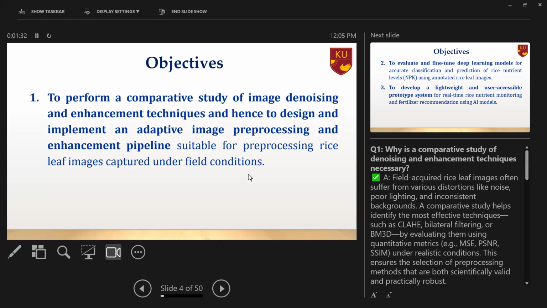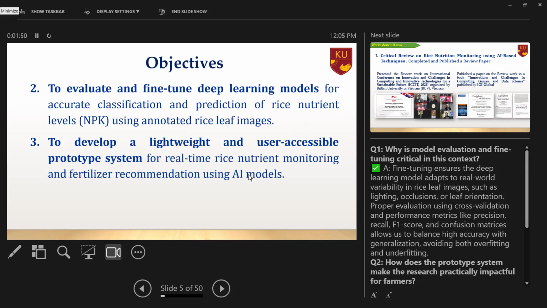The first part of this objective, the comparative study of image denoising and enhancement techniques, was already completed in the previous semester. Now we are working on the second part of objective one.